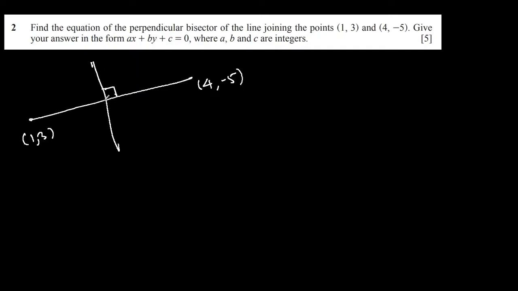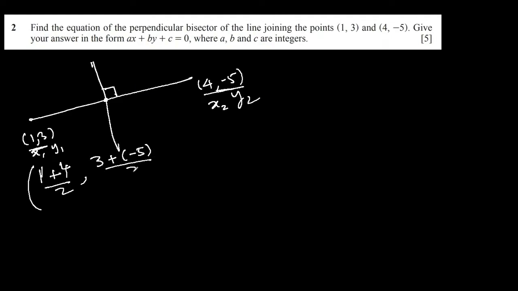So the first step is to find the midpoint of this line. We'll find the midpoint with the help of these two points. The formula is, let's name them x1, y1, x2, y2: x1 plus x2 divided by 2, and then y1 plus y2 divided by 2.